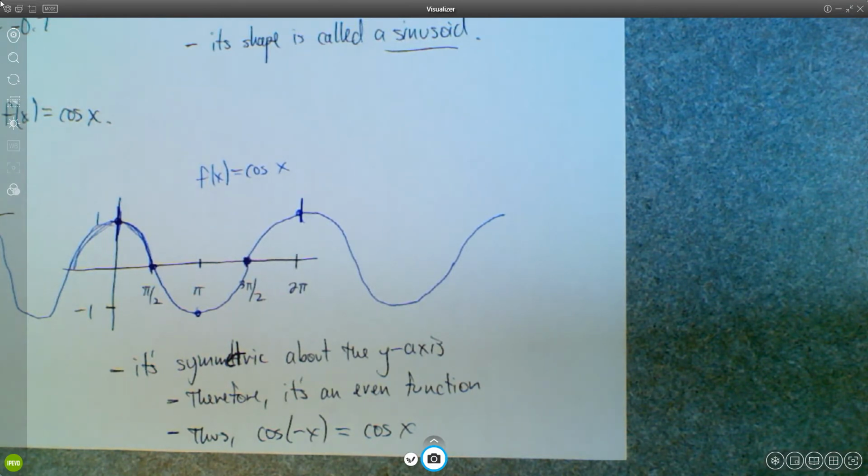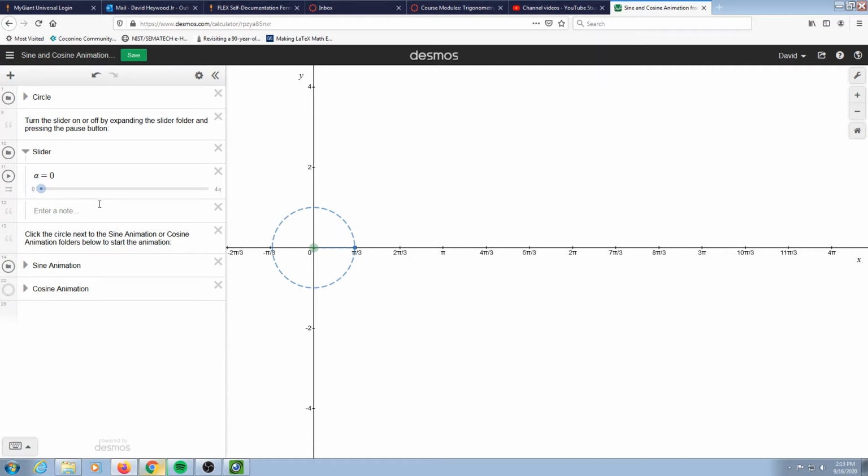I want to show you an animation in Desmos that I think is kind of cool, and it could help you understand a little bit here. What we've got here in Desmos is the unit circle, and I'm going to press play on this little slider, and Desmos is going to sketch out the sine function. The sine function is in green.